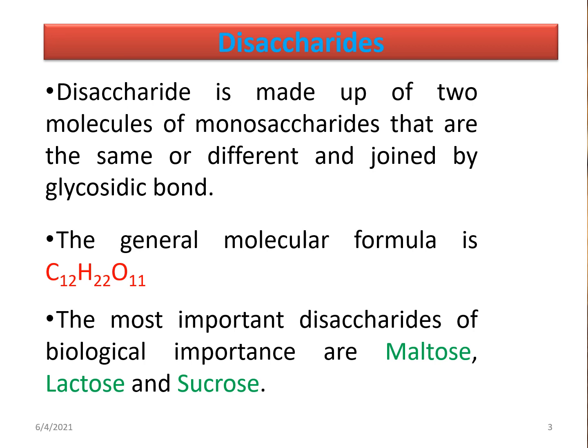The general chemical formula for disaccharides is C12H22O11. The most important disaccharides are maltose, lactose, and sucrose. Other examples of disaccharides are cellulose and trehalose.